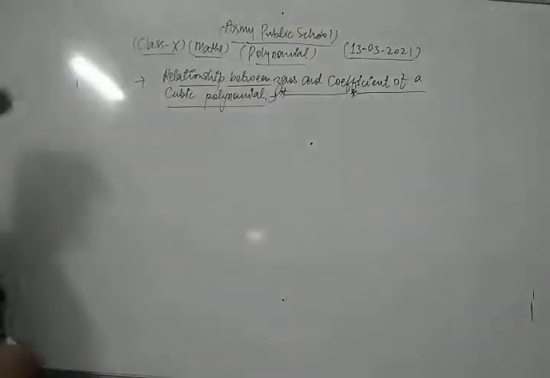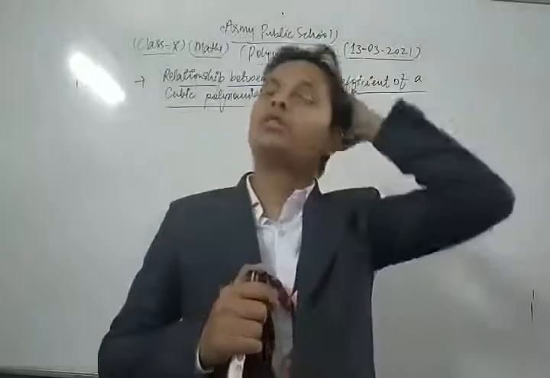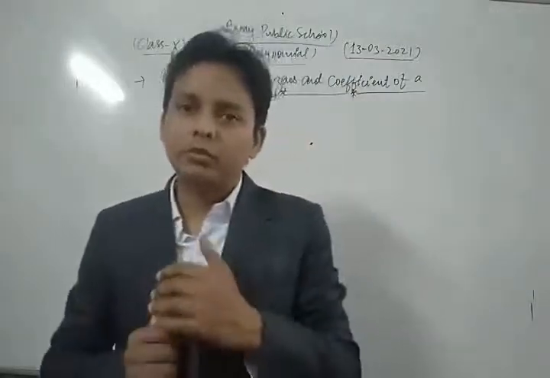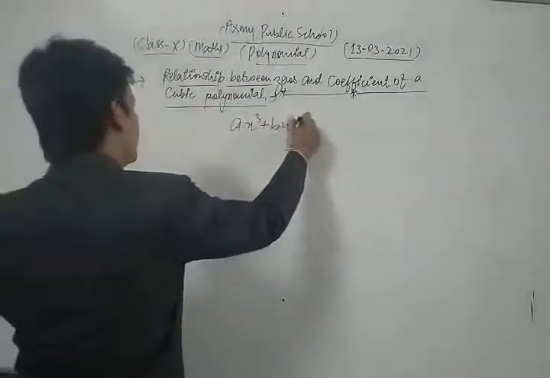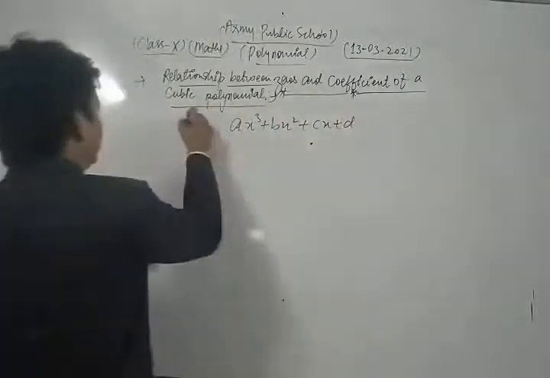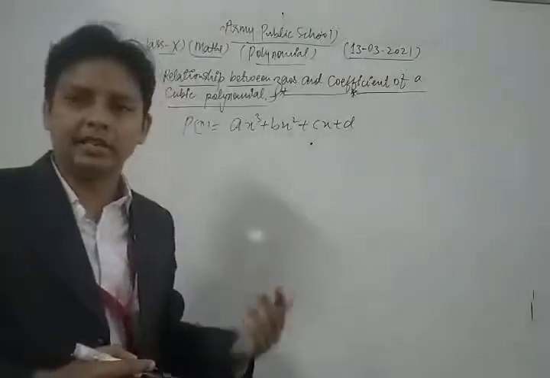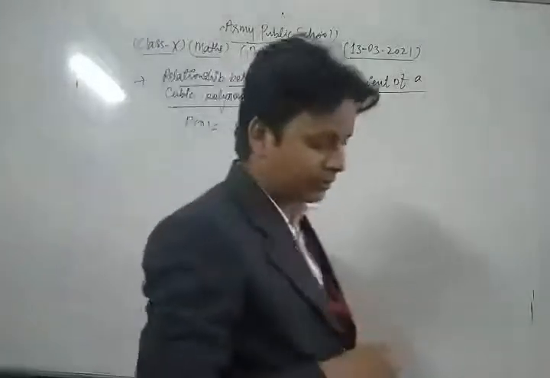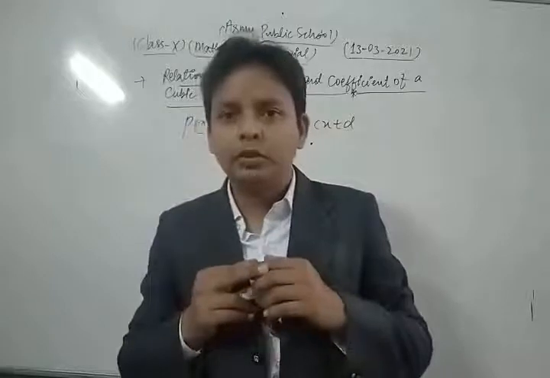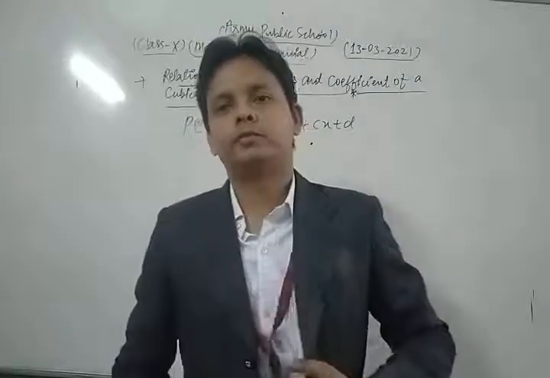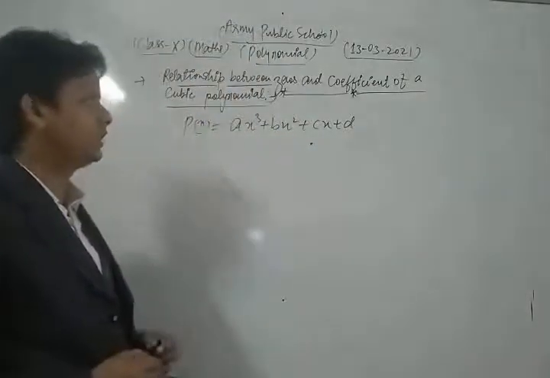Dear friends, you know very well what the original form of the cubic polynomial is. The cubic polynomial is in the form ax cube plus bx square plus cx plus d. Here a, b, c, d are any real numbers. This is a polynomial of degree 3, and a polynomial of degree 3 is known as a cubic polynomial.